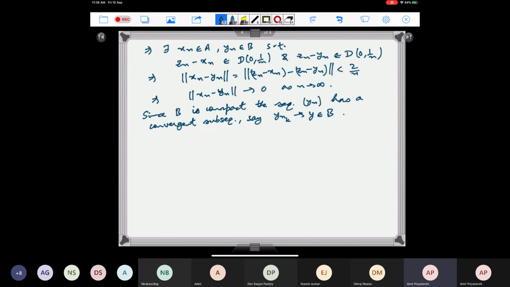So then we get ynk converges to y, and we are given that xn minus yn goes to 0. So this will imply xnk must also converge to y.